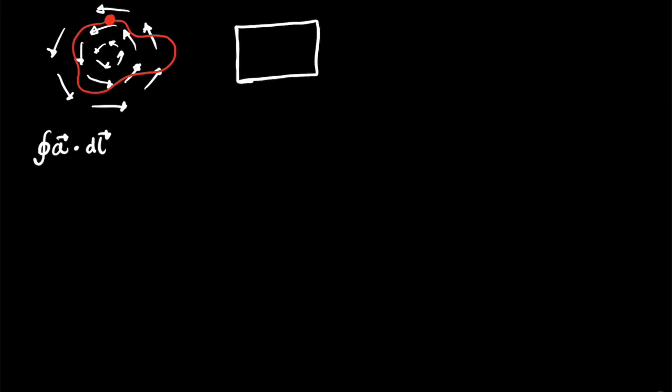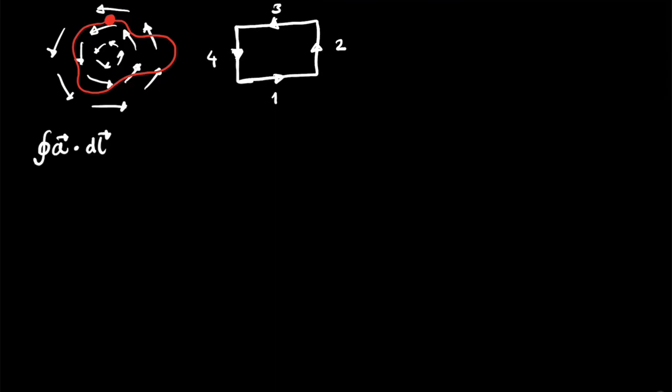I'm going to divide this path up into 4 different segments: 1, 2, 3, and 4. And we're going to go around this loop in the anti-clockwise direction, if you like. So we're going to go around it in this way.